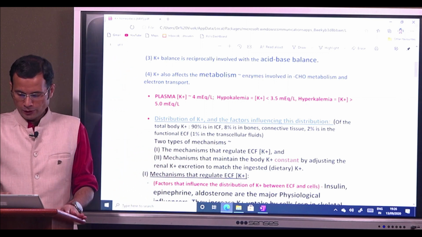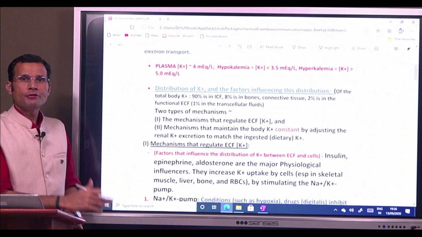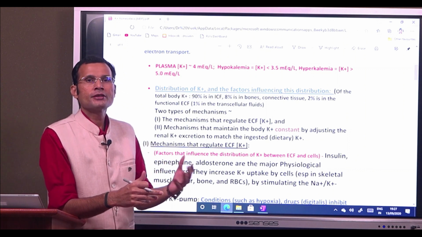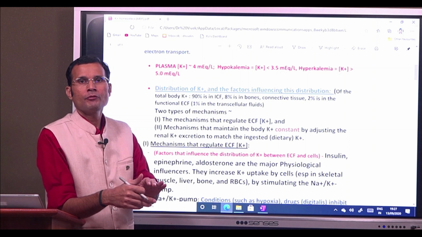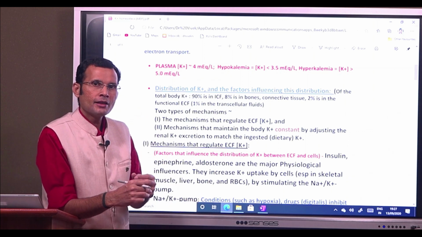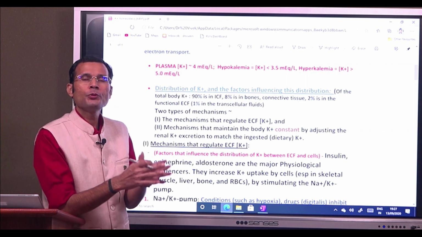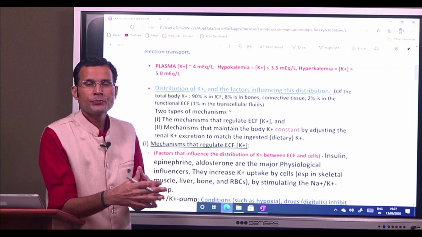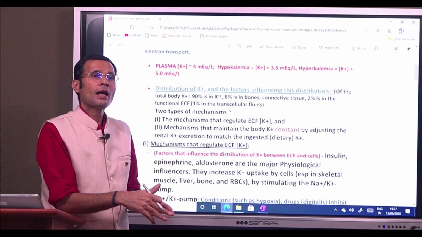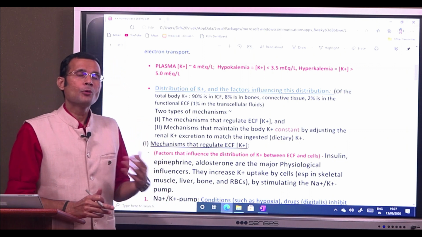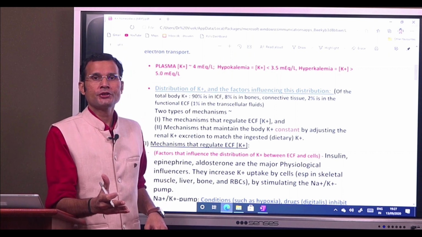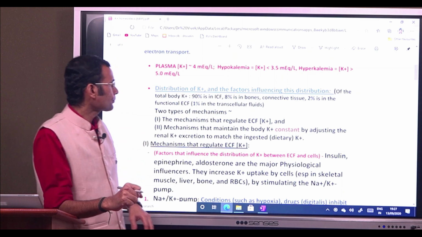So let's see how it's achieved. I'm going to make two parts of this discussion. First, we have seen why we need to regulate the potassium levels in the body. Now the two parts that I'll discuss: one is how the body regulates the plasma potassium levels, and the second part will be how the body regulates the whole body potassium levels.